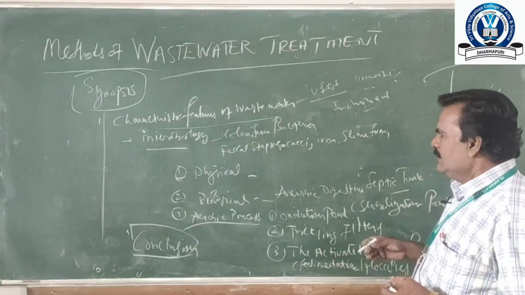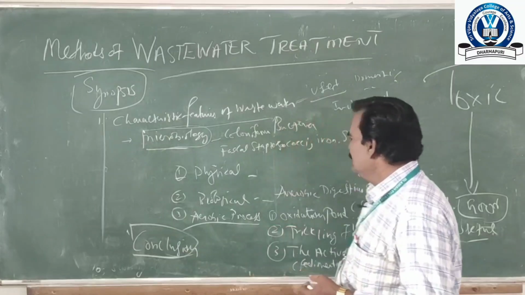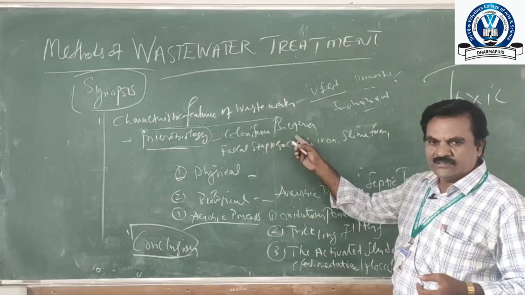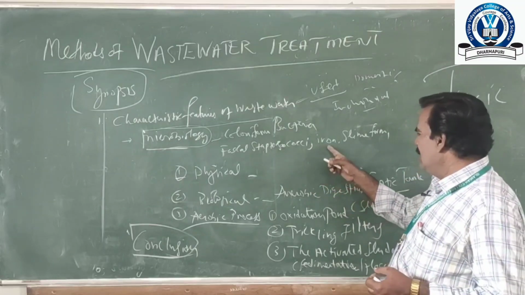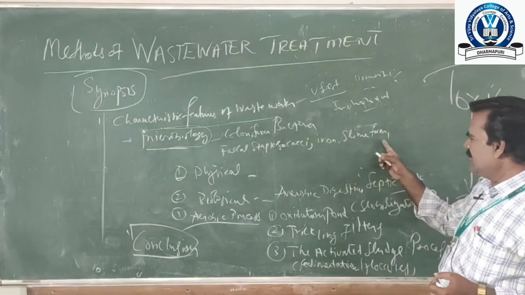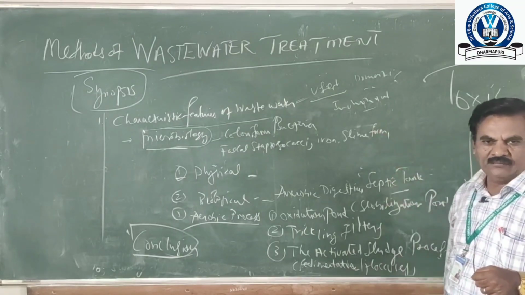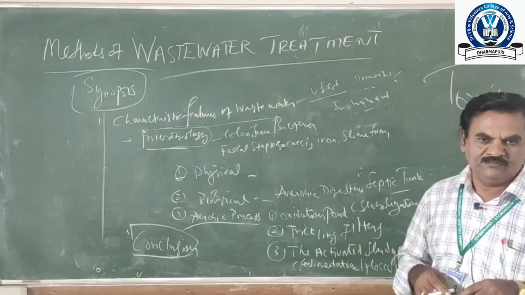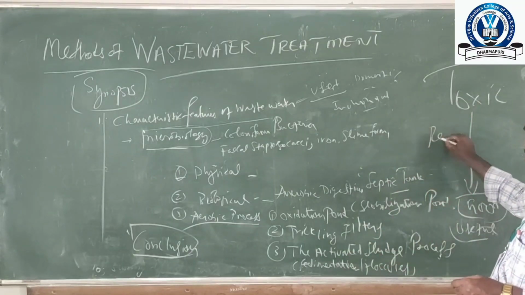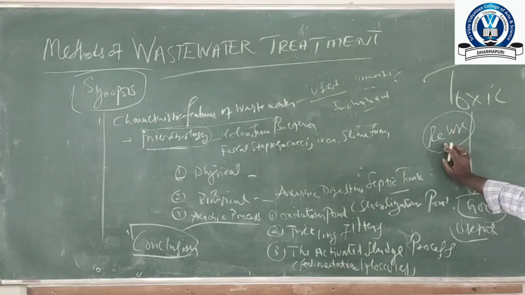Then the wastewater contains various microbes, for example coliform bacteria, fecal staphylococcus, iron bacteria and slime-forming bacteria. So, we can treat the wastewater and reuse the same water in the industries.